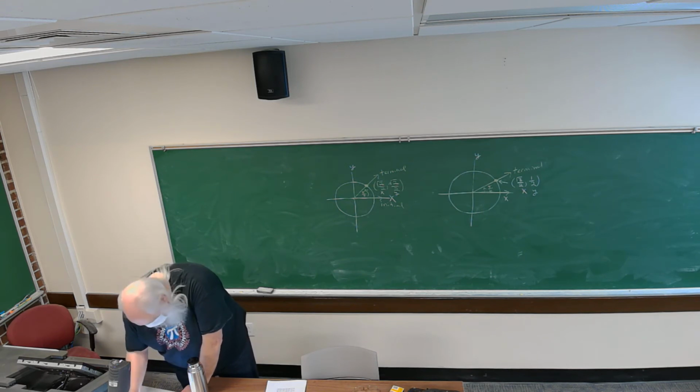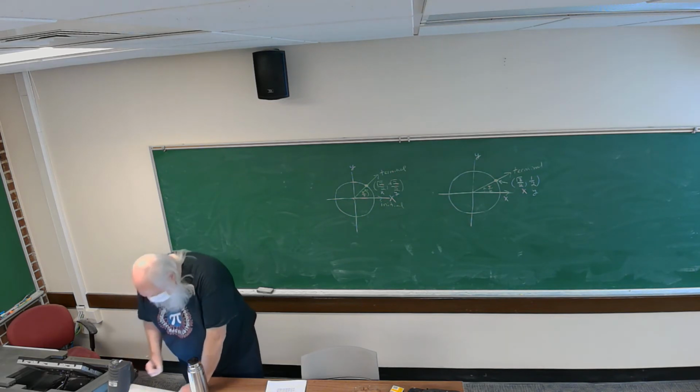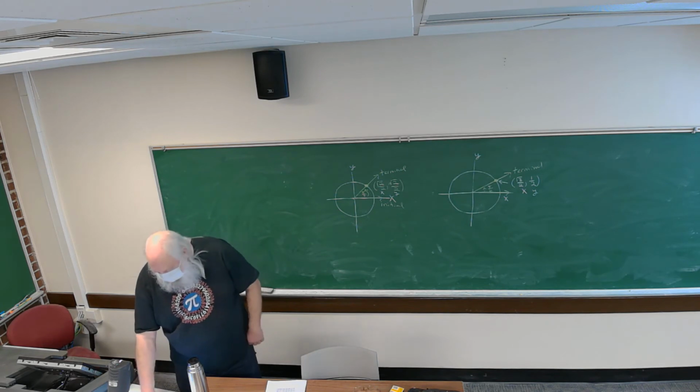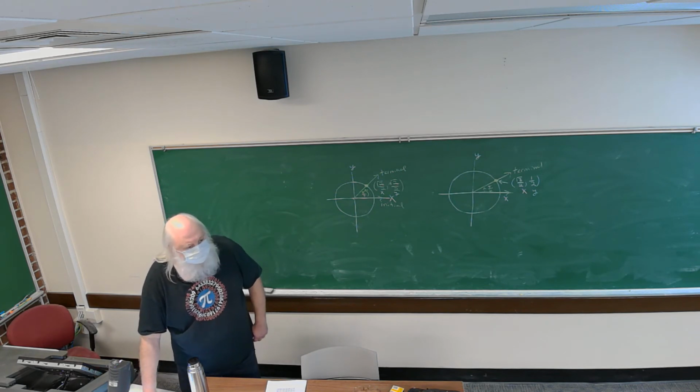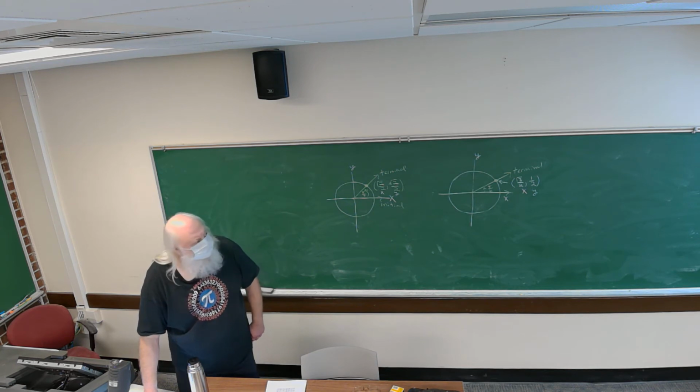So the cosine of the angle t will equal the negative of the cosine of t prime, and the sine of angle t will equal the negative of the sine of t prime. We know cosine and sine of t prime, and we can use that to calculate the cosine and sine of t.